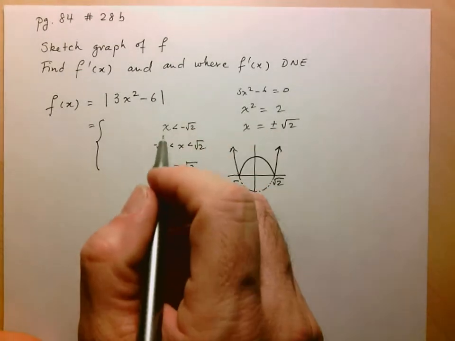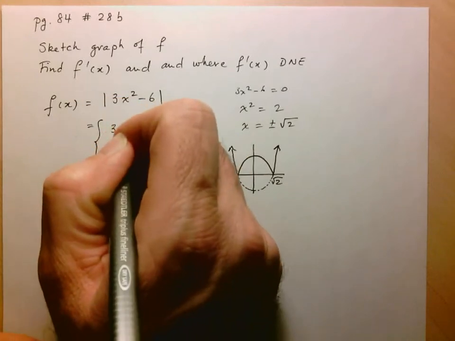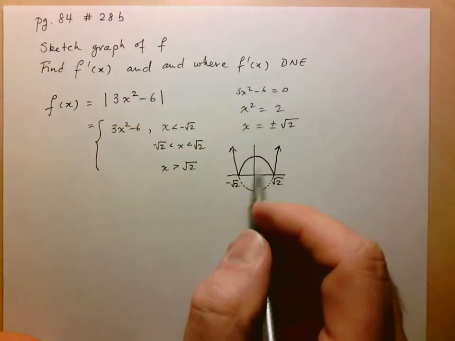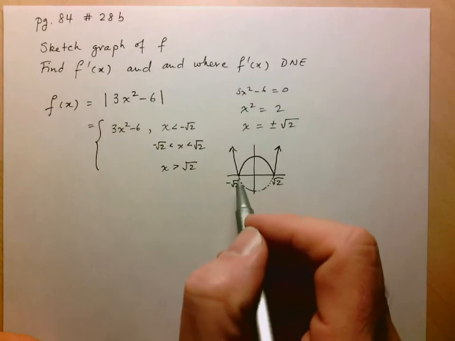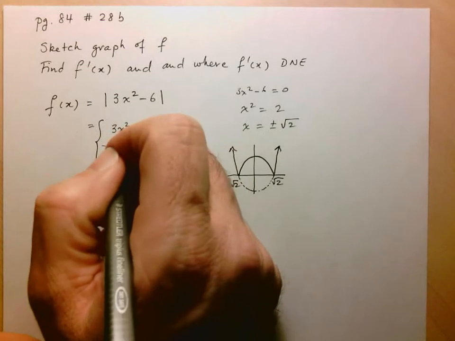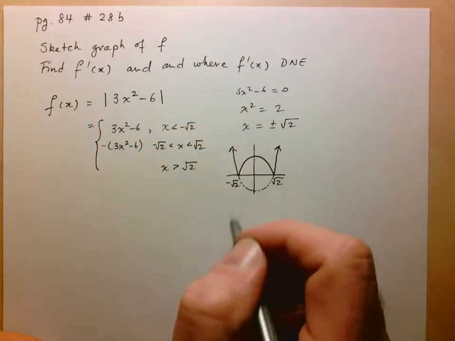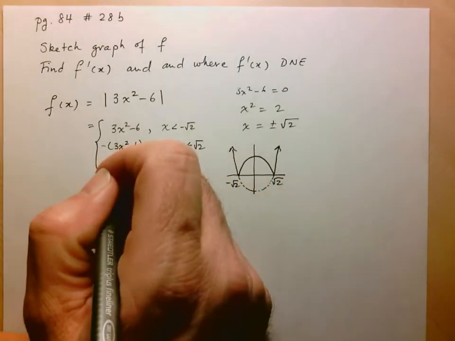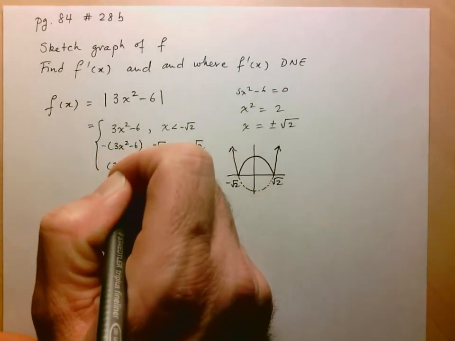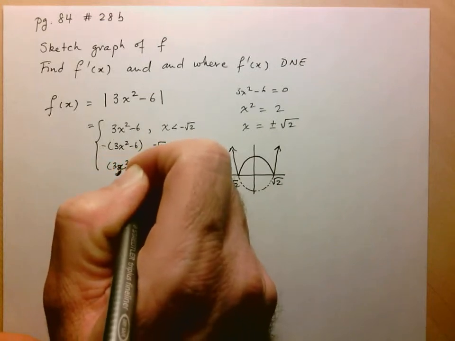Okay, so here in this interval the function is already positive, so nothing changes. In this interval here though, the values were negative, so we need to make them positive, and we do that by multiplying them by negative 1. And then here again they're positive again, so the y values are not going to be changing. Oops, that should be, of course, 3x squared minus 6.